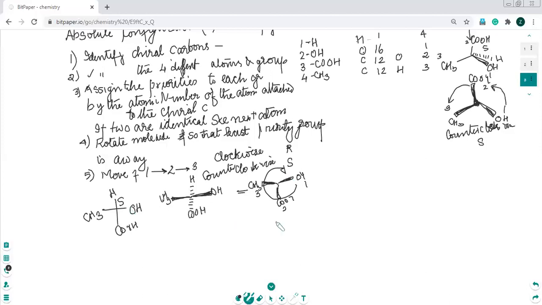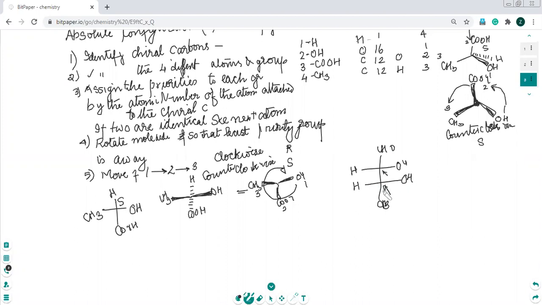So this is how you can find out. Suppose you have 2 groups. Identify the absolute configuration of this carbon and this carbon.